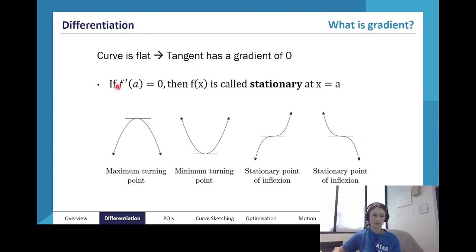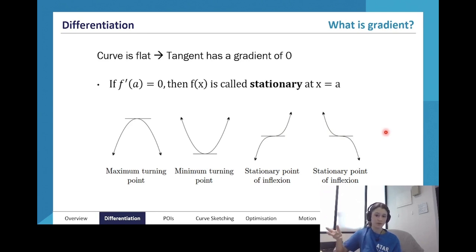So in all of these scenarios down here, we have curves that have a gradient of 0 at a particular point. So here the gradient is 0, here the gradient is 0. Here we have this chair-shaped function, which is what you might typically see in a cubic polynomial. We have this stationary point of inflection in these scenarios here as well.